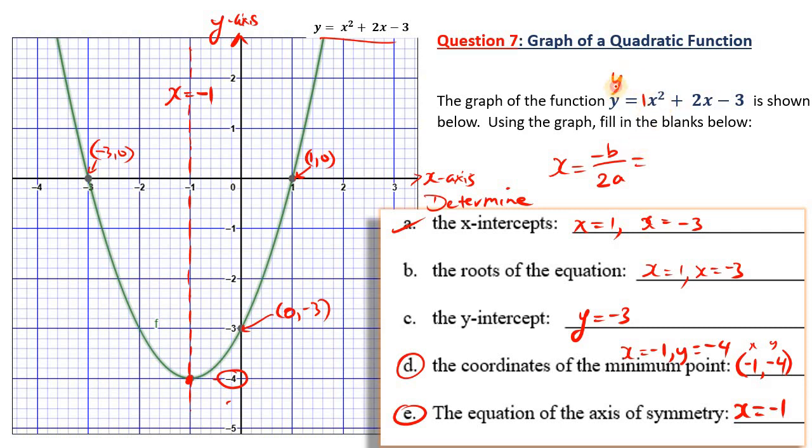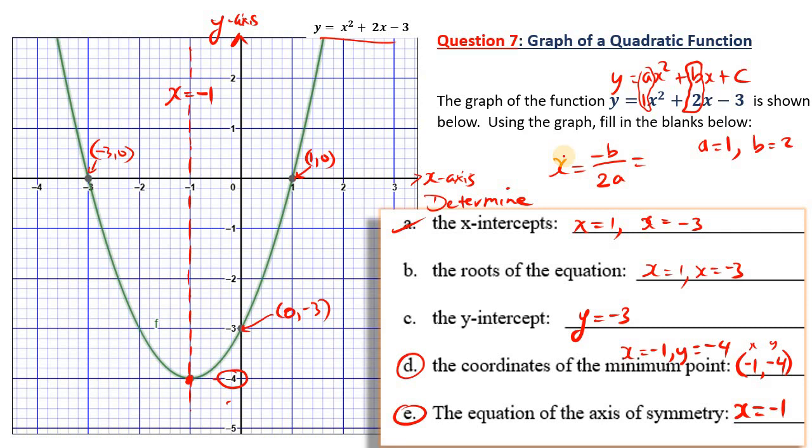So this is actually y equal ax squared plus bx plus c, the general form. If we equate the coefficients, the a value is 1 and the b value is 2.